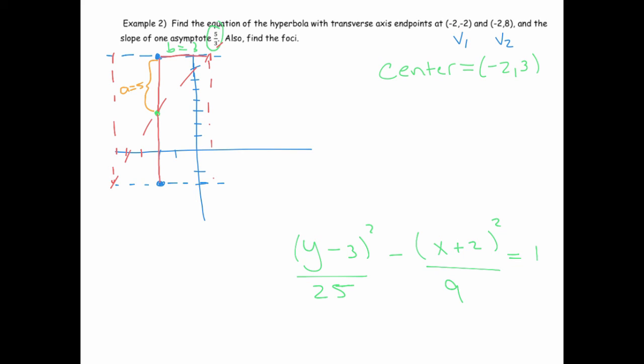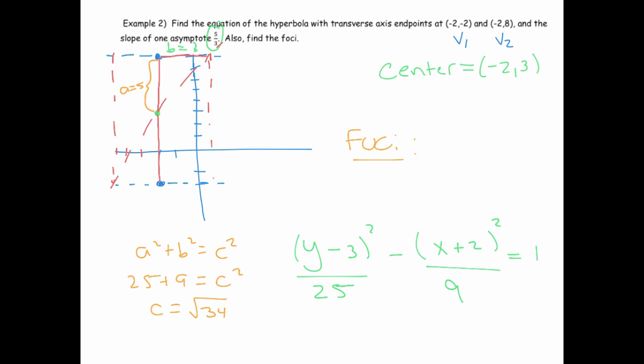Now, it also asks us to find the foci, and that's when I think we're going to go back to that Pythagorean identity, which is that a squared plus b squared equals c squared. So a squared is 25, b squared is 9, and c squared is what we're trying to find. So that means that c is the square root of 34.